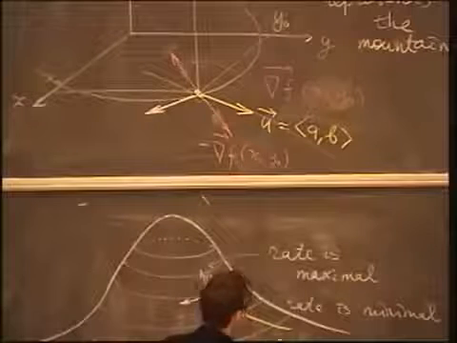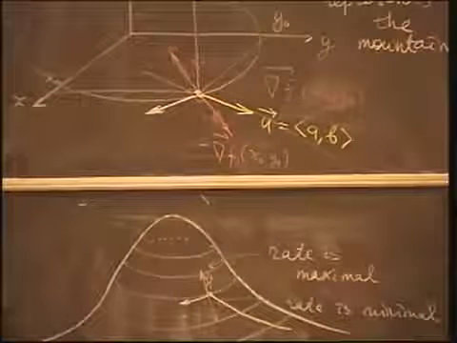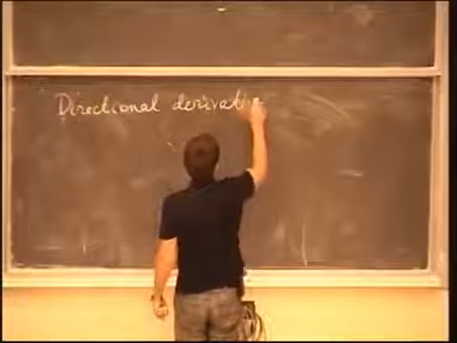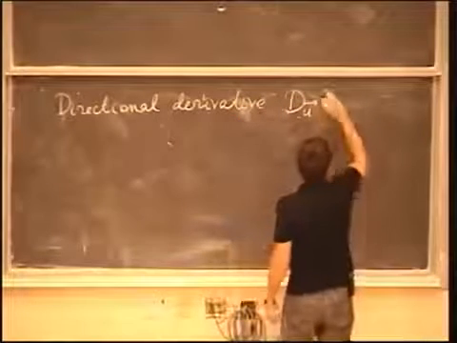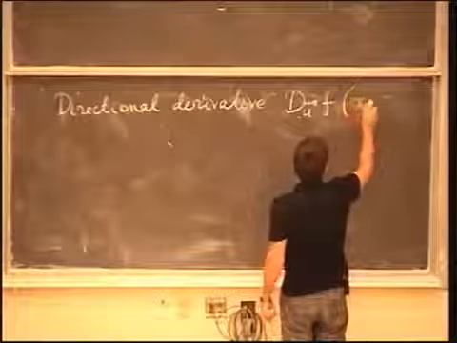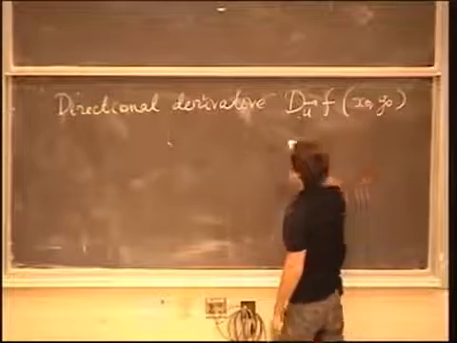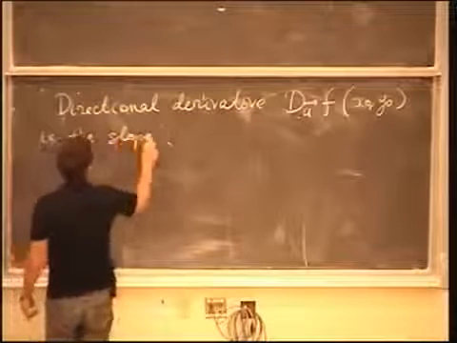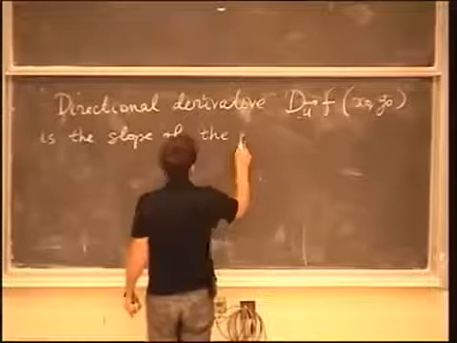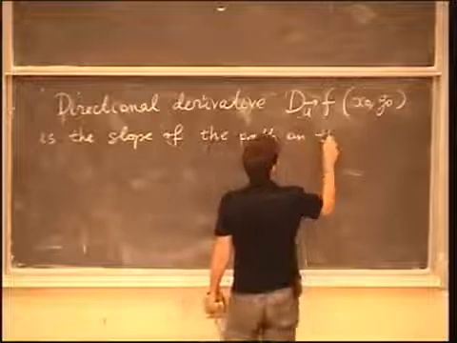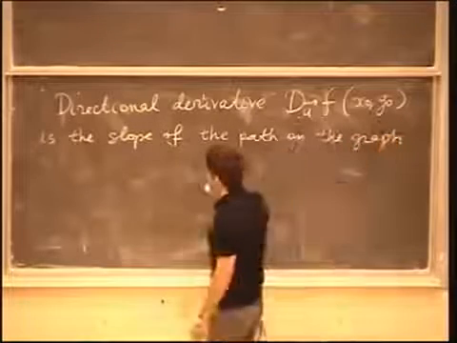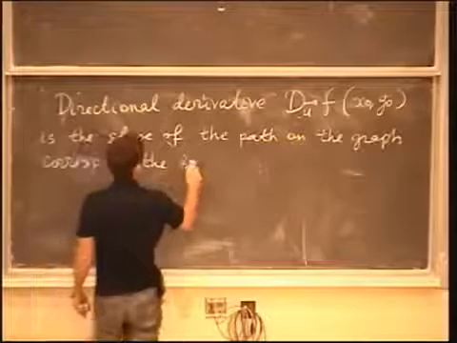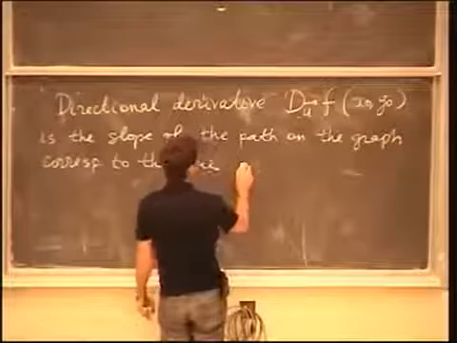So the directional derivative D_u f(x0, y0) with respect to this vector u is the slope of the path on the mountain, or on the graph, corresponding to the line containing u.